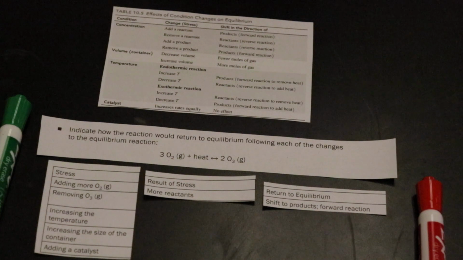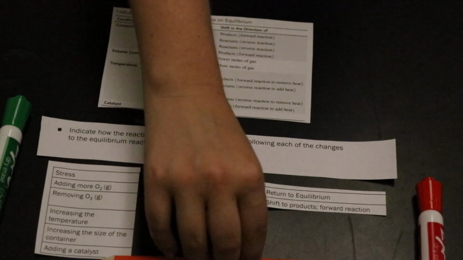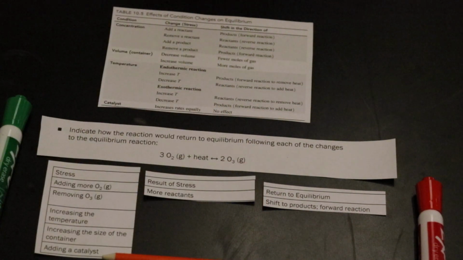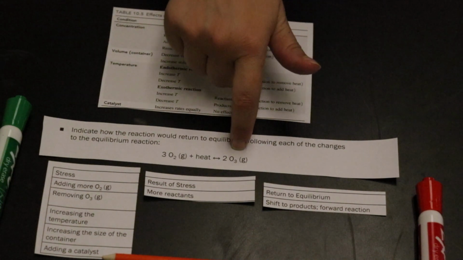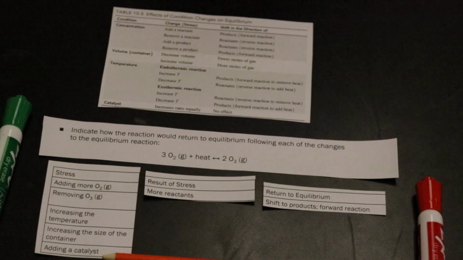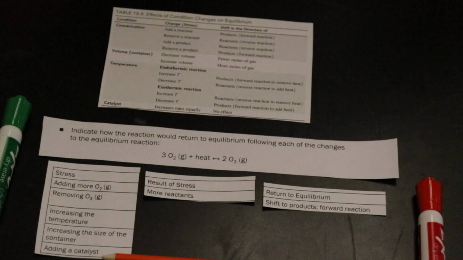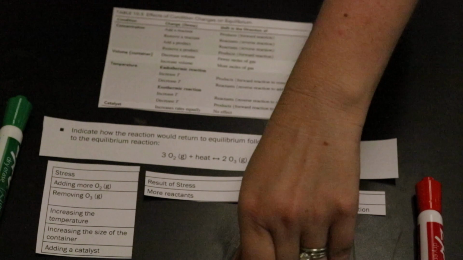Let's look at what happens when we remove ozone. So again, we have our seesaw or our teeter-totter and it's balanced. If we remove ozone, that means that we're removing products. So if you remove a kid from a balanced seesaw or teeter-totter, then that means that the product side is going to go up.